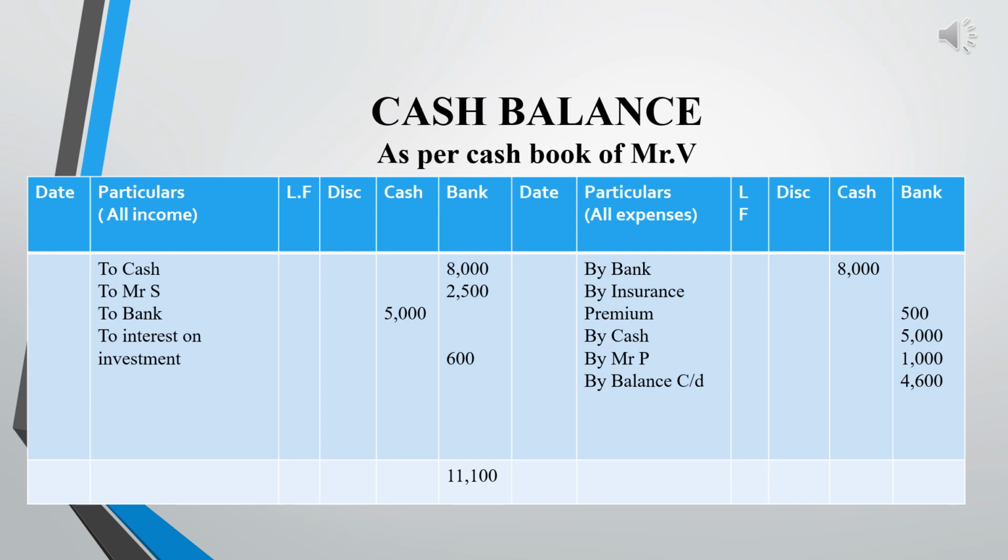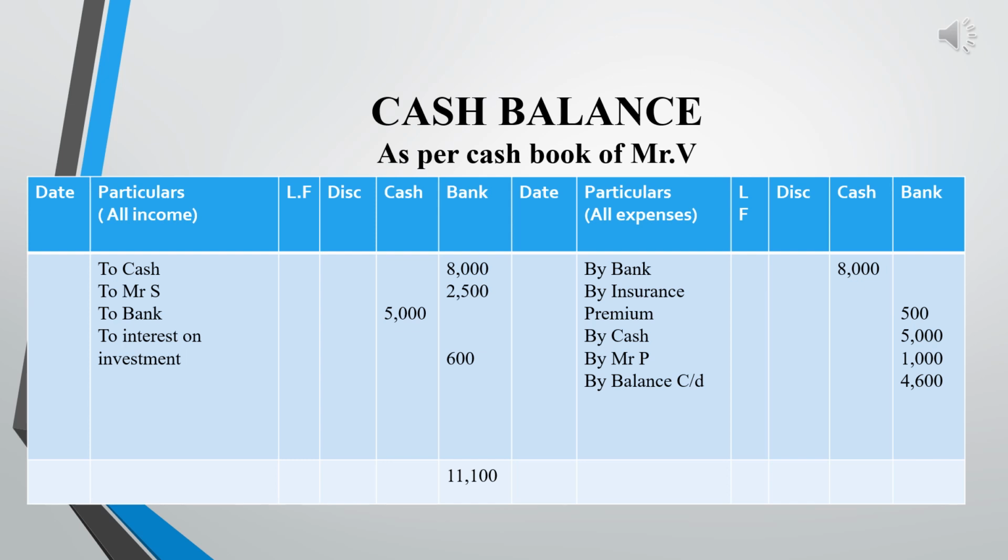In this example, that is Mr. B's cash book, the very first one is that we are maintaining a balance of rupees 8,000 in B's account. Therefore, on the debit side, it has to be mentioned as 'To cash, rupees 8,000' in the bank column, and on the credit side 'By bank, rupees 8,000' in the cash column.